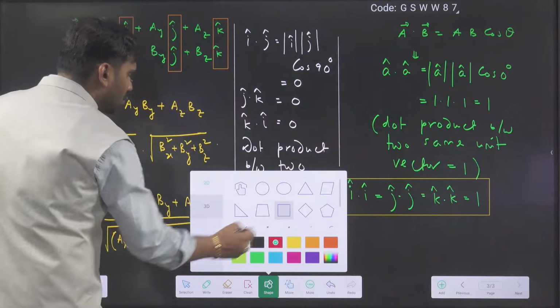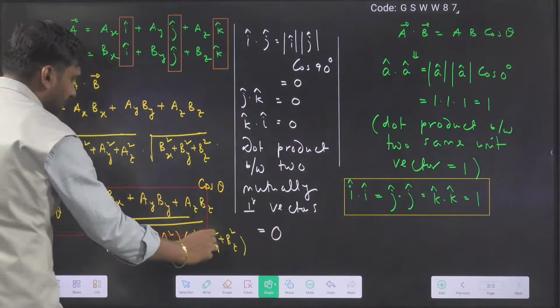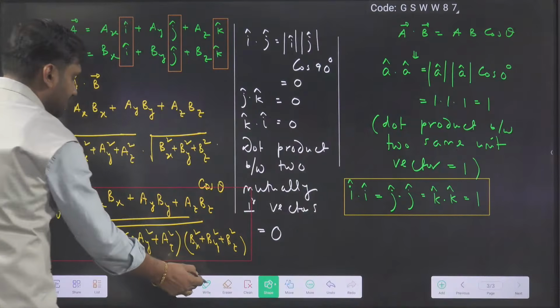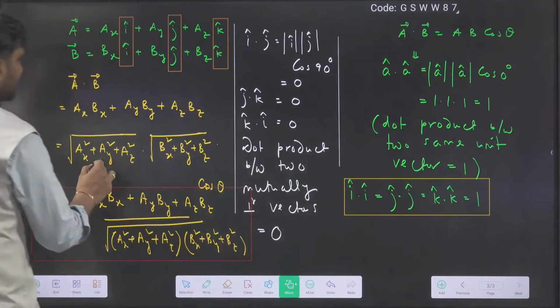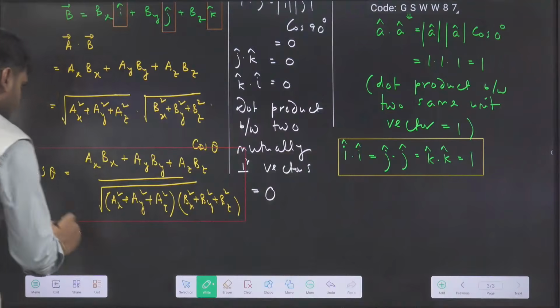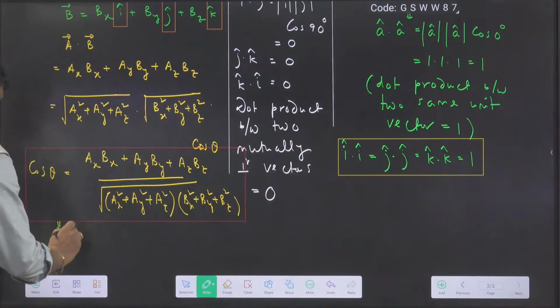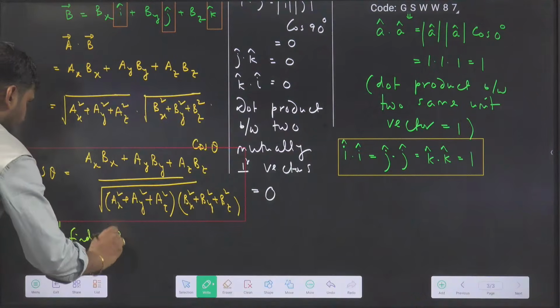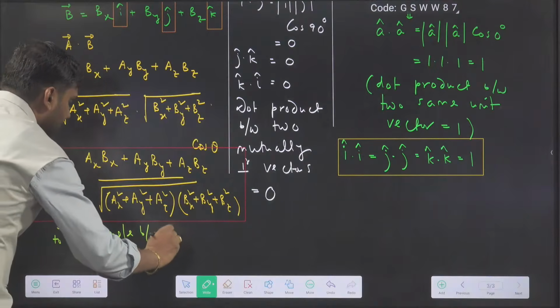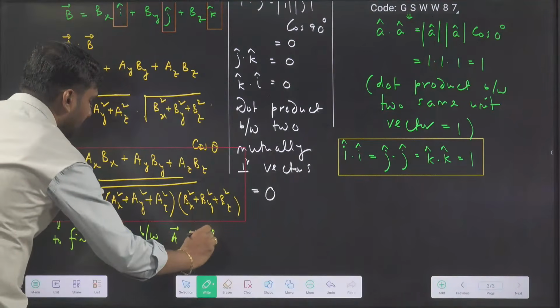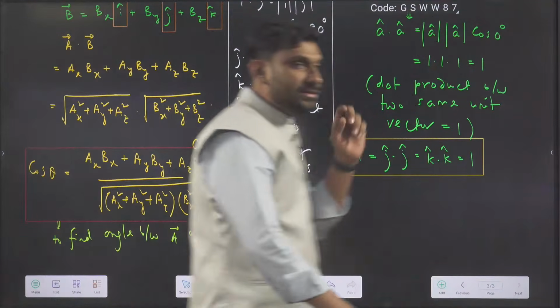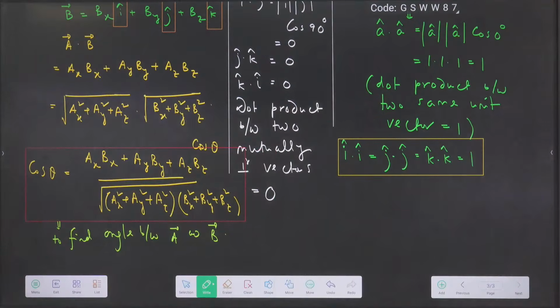This huge looking formula is not difficult, actually the application is very easy. This is used to find the angle between A vector and B vector.